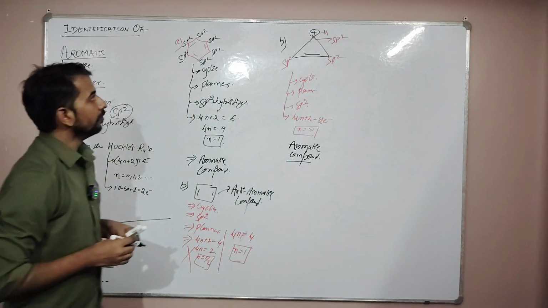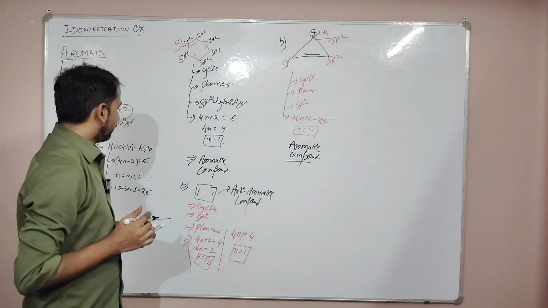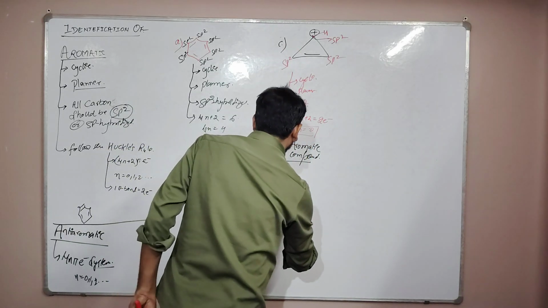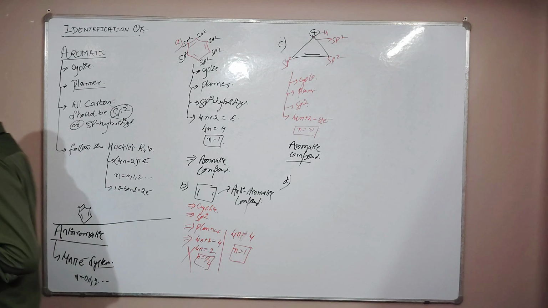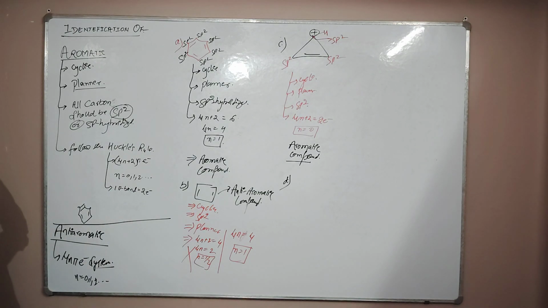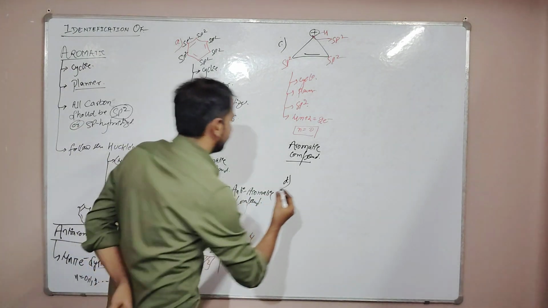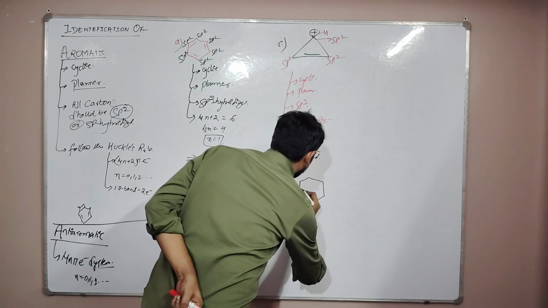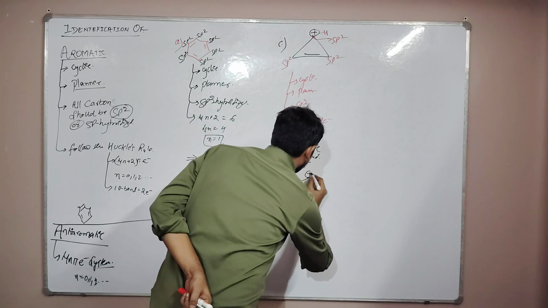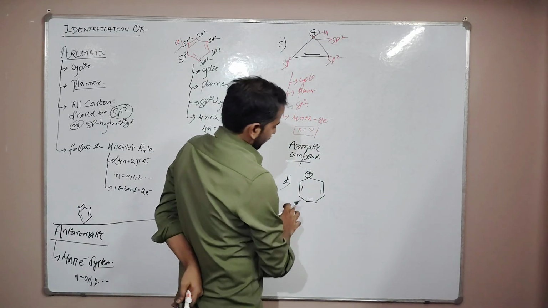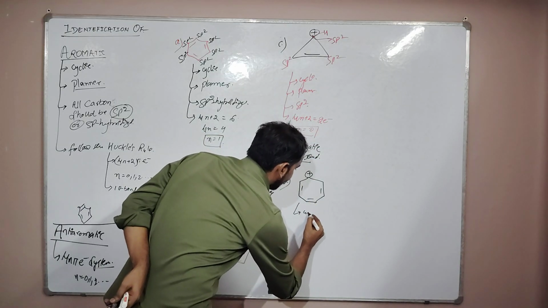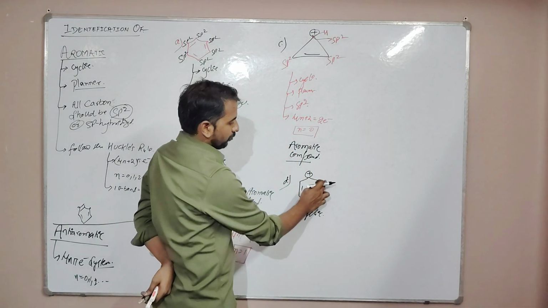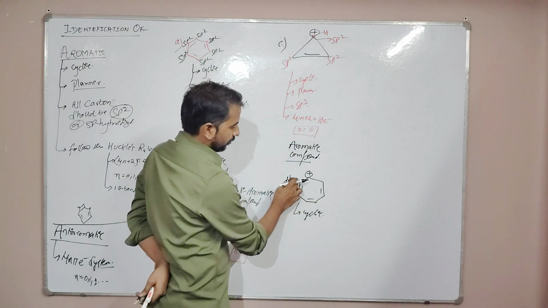Now let's see some more examples, like this one. Now tell, the compound is cyclic. All carbons are sp2, sp2, sp2, sp2, sp2, sp2, sp2.